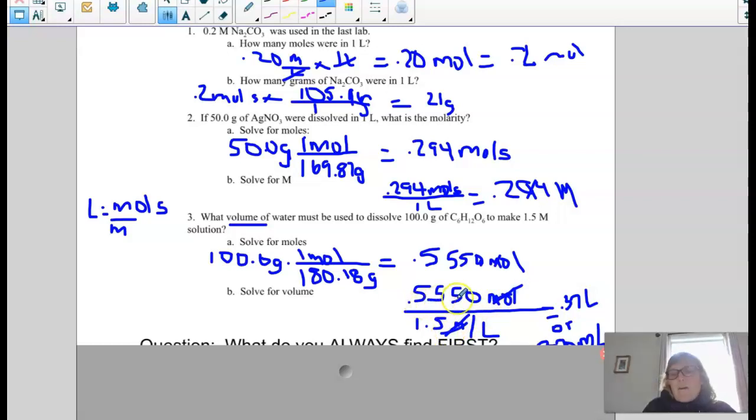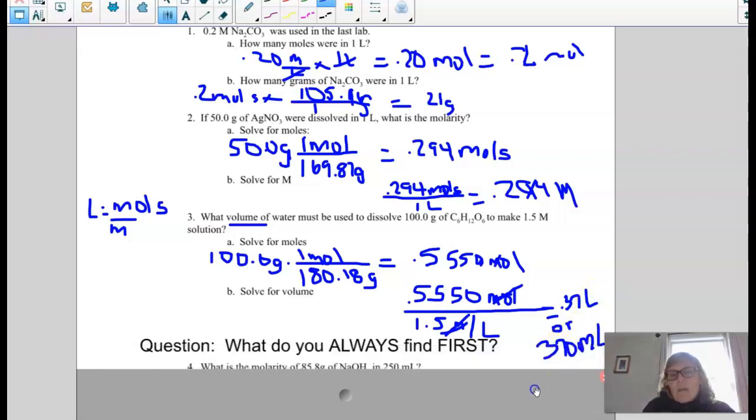So 0.5550 divided by 1.5 will give you 0.37 liters. We do measure things in liters in science class, but you're more likely to measure it in milliliters. To go from liters to milliliters, you multiply by 1,000. That's how I get 370 milliliters.